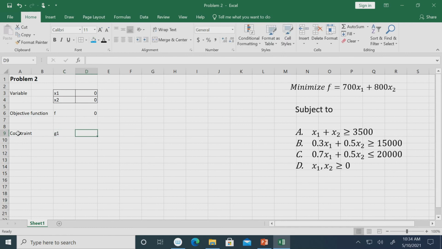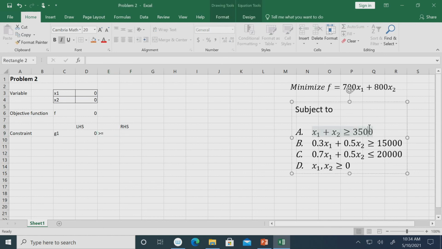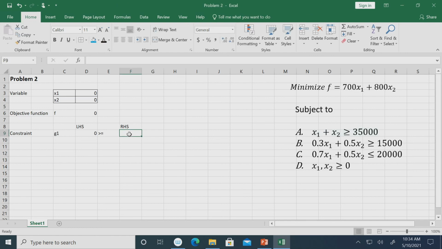The first is z 1 equal to x 1 plus x 2. You can say this is the left hand side and this is the right hand side. The left hand side is x 1 plus x 2, this is greater than or equal to, this should be 35,000. Okay.